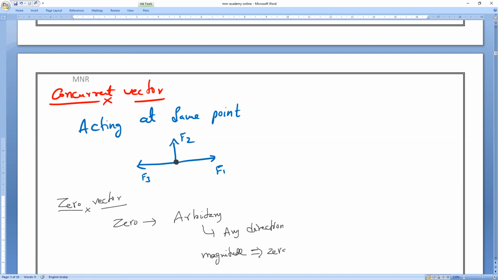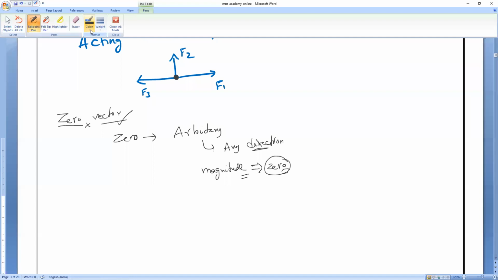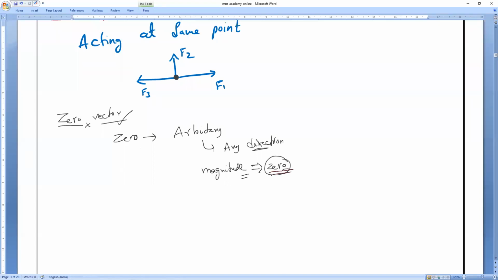Then we call it a zero vector. If the direction is not specified, or the magnitude of the vector is zero, then that is called a zero vector.